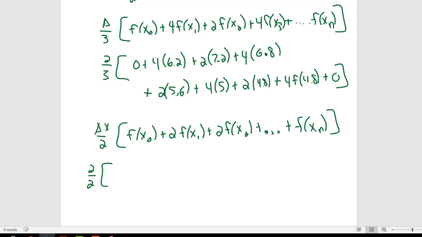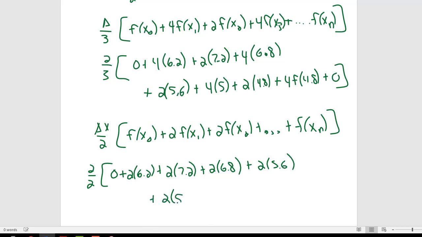But the only difference is we're going to have a coefficient of 2 on each of them. So I'm going to have 2 times the first, and then 2 times the next one, the 7.2, and then 2 times the 6.8, and then 2 times the 5.6. 2 times 5 was the next one, 2 times 4.8, 2 times 4.8, and then the last value.